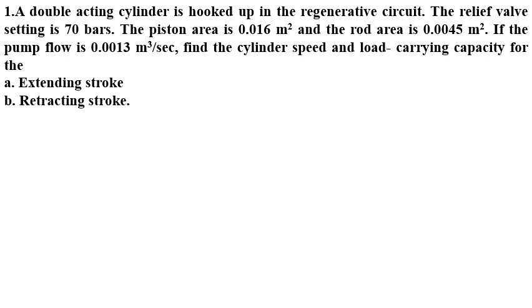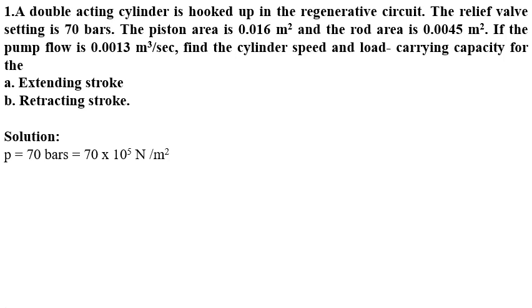This is the question. In the question, they have asked to find out cylinder speed and load carrying capacity during extending stroke and retracting stroke. Before going to write the solution part, first note down the data given in the numerical. Pressure is given, so P equals 70 bars. Convert this bar into Newton per meter square.